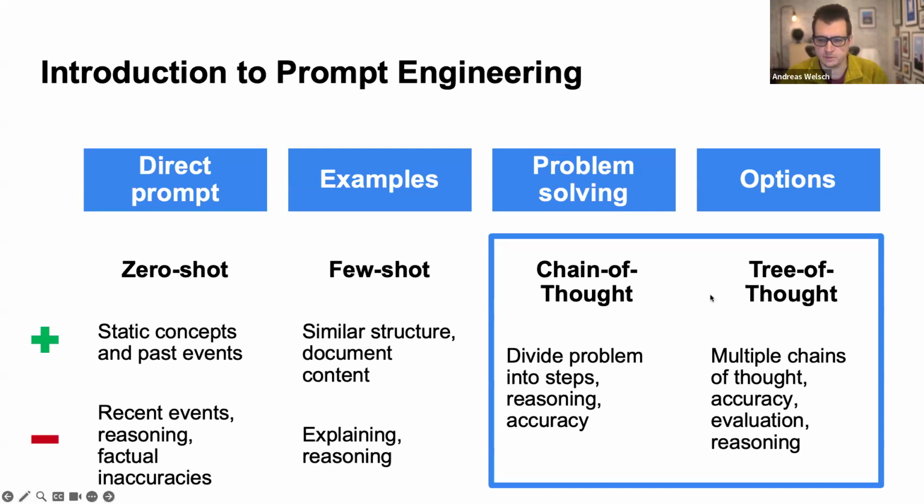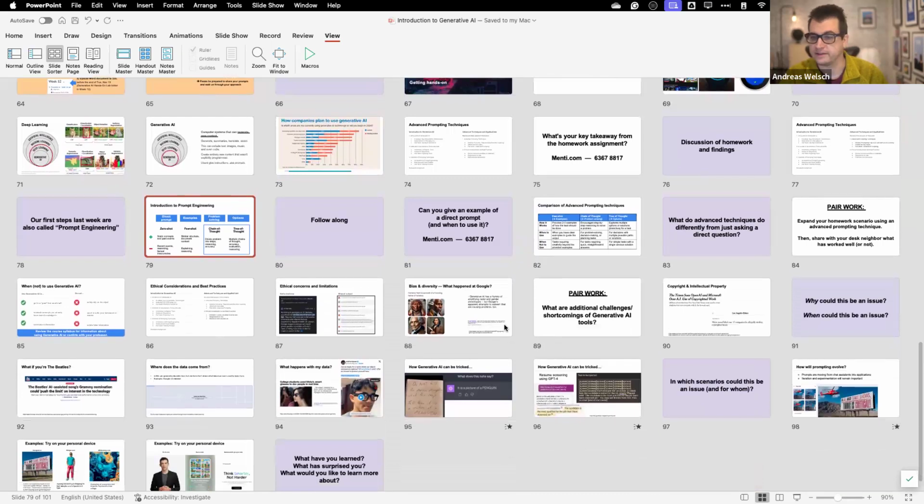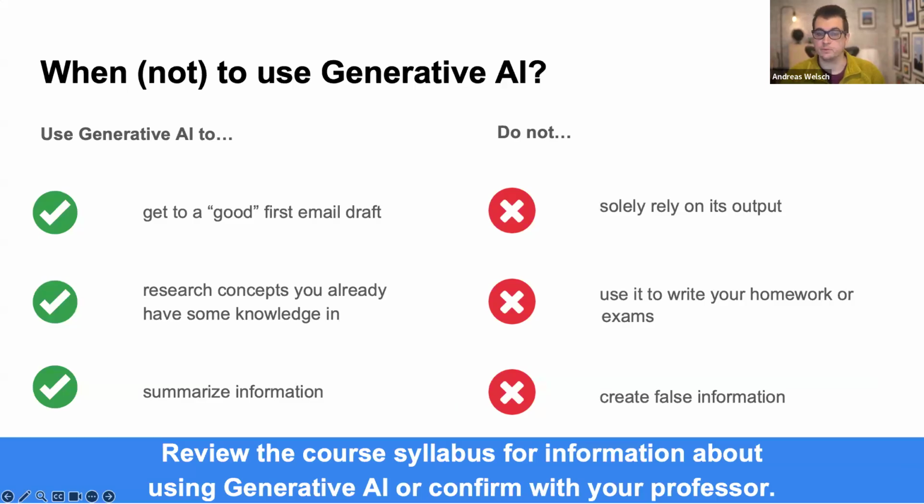So prompt engineering, we talked about that, and we went into more examples of how you can take a larger problem and say, hey, first do this, then do that, then do this next, and then come back to me with the answer. We also talked about when and when not to use generative AI. We know it helps us get to a good first draft.